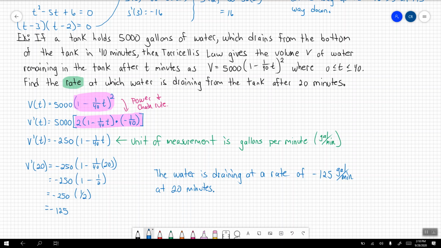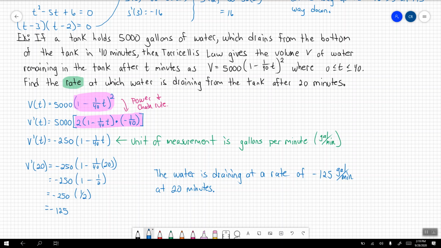And now we could start analyzing. That's the halfway mark. As time gets closer to 40, what's going to happen is that this rate is going to be slowing down. Because again, you're letting the water out, which means the water pressure is going to lessen with the smaller amount of water in the tank.